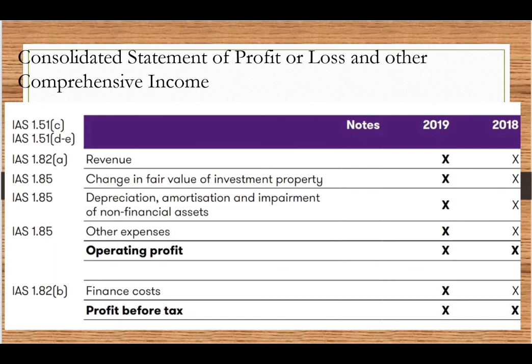Okay, and the next information is depreciation, which could be our right-of-use asset. At the end we'll get operating profit and comprehensive income. Okay, and this is our profit before tax after we minus out the finance cost.